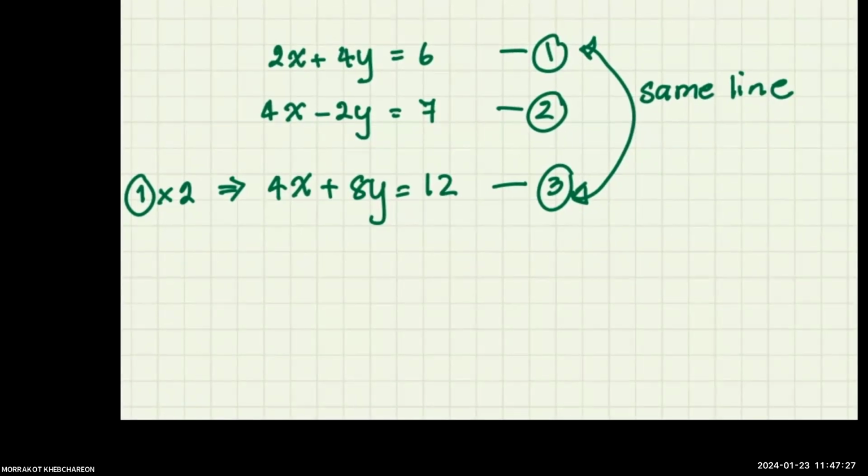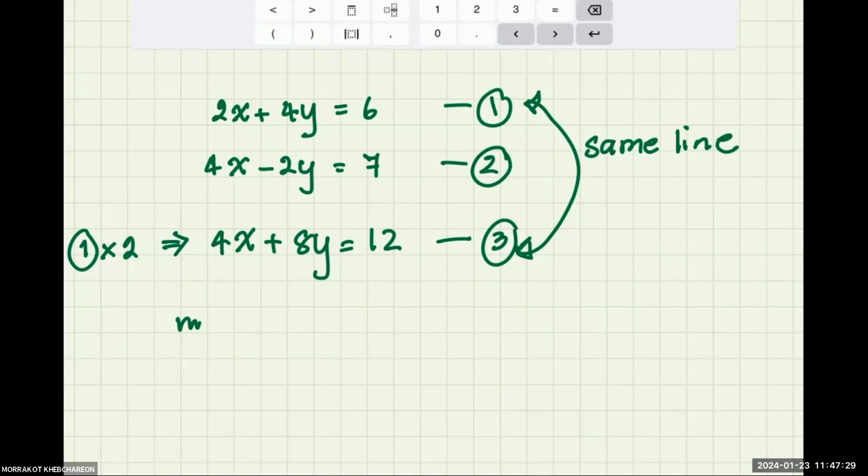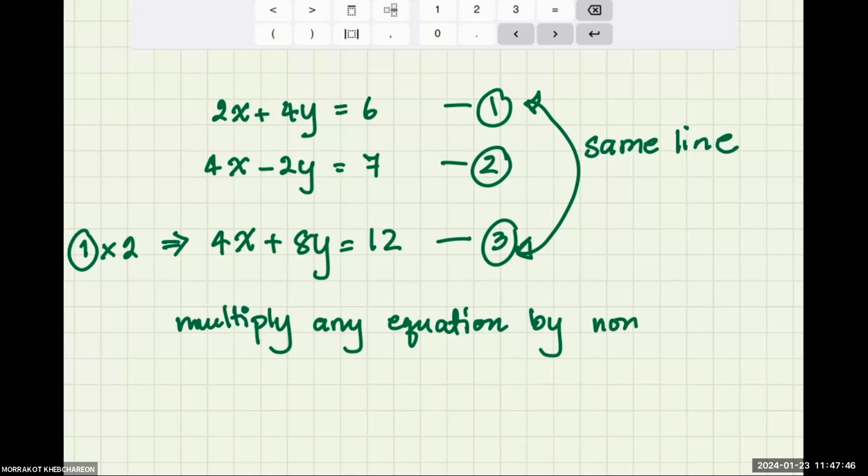That's one thing: it has been multiplied, and that does not change the solution.